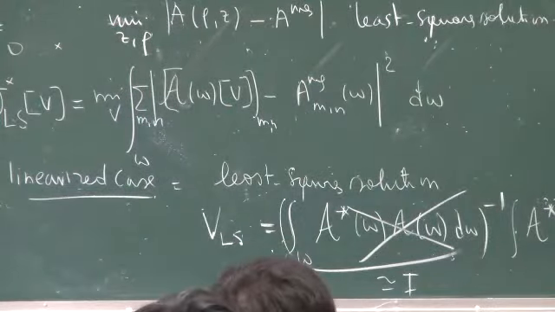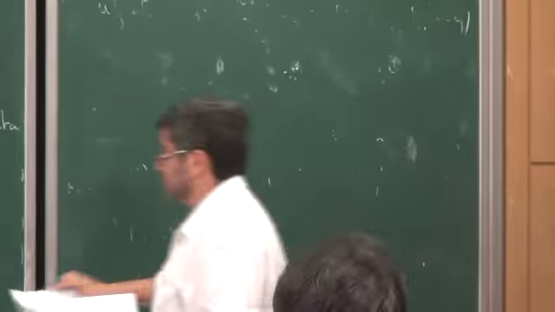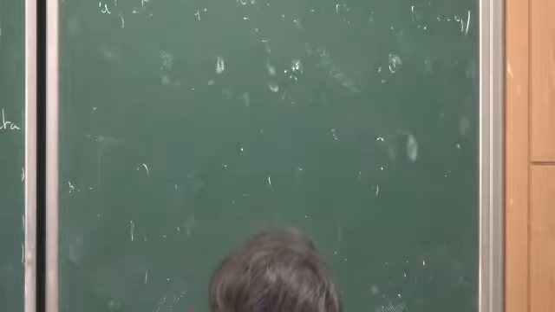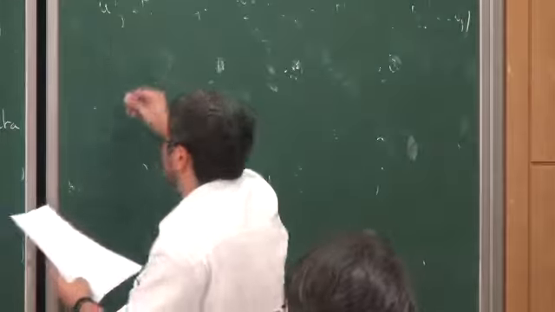Okay, so when you get rid of it, you change the least square imaging function. So what's the least square imaging function? The least square imaging function is this one.